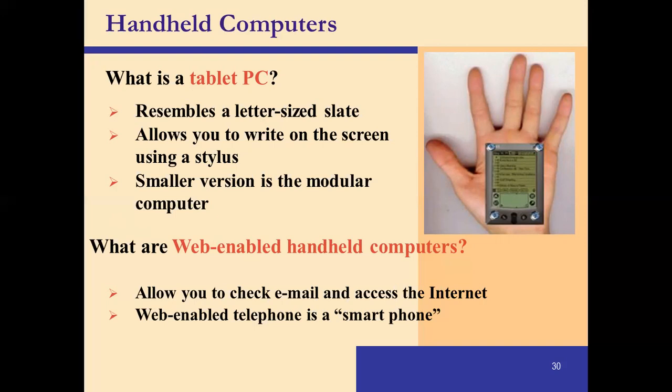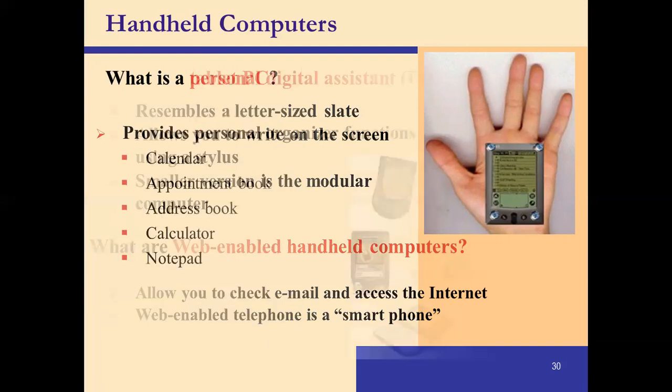And in future maybe we will have only a screen and they can fuse everything inside that screen so that we can use it like we see in the movies. It allows us to check emails, access the internet, and a web enabled telephone is a smartphone. We call these devices smartphones.